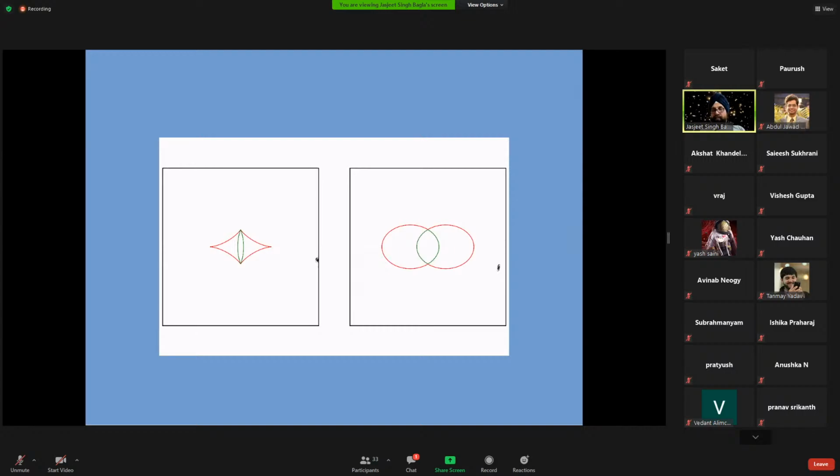You can have a 2-dimension to 1-dimension map, so an area element mapping to a line, or you can have an area element mapping to a point. So he said that an area element mapping to a point will have a distinct class of singularities, and they can all be classified.